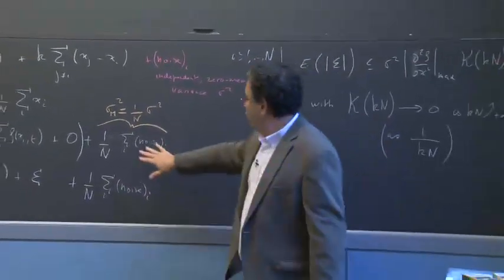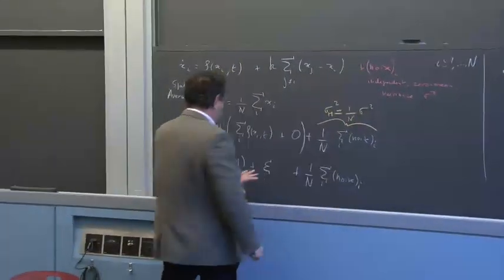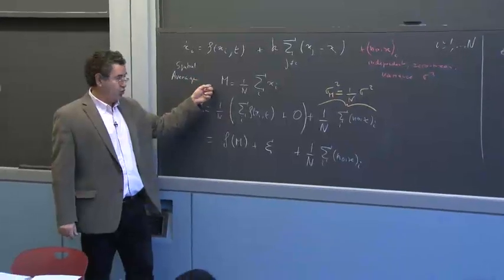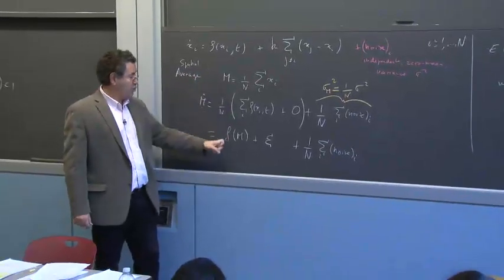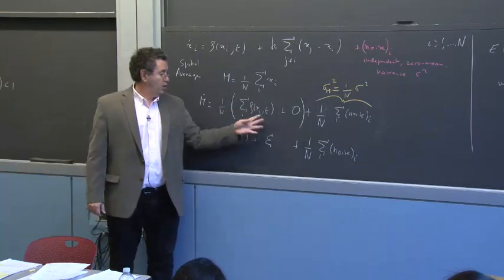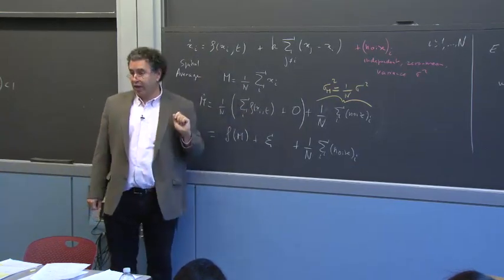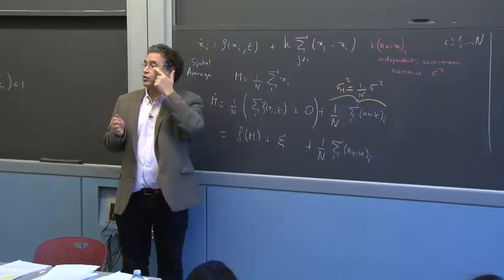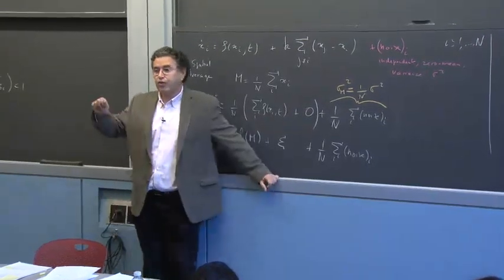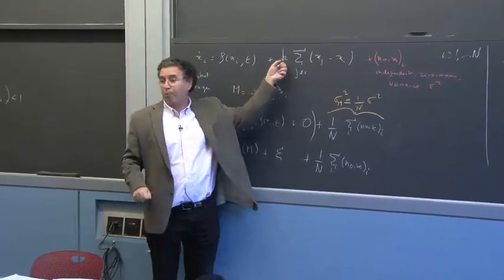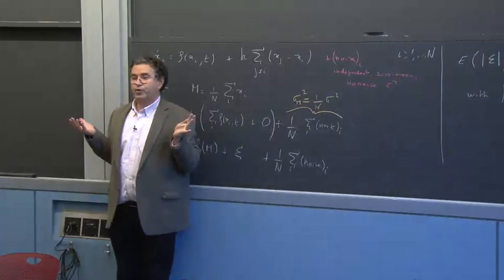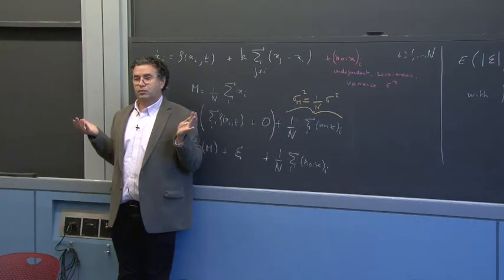However, this term, which measures the distortion between the dynamics of the mean, m dot equal f of m plus average noise, and the individual dynamics, will tend to 0 as kn increases. So in other words, either as you increase the coupling, or you increase the number of terms.